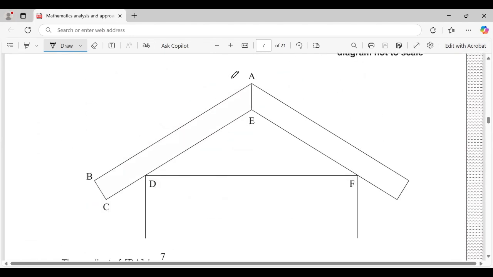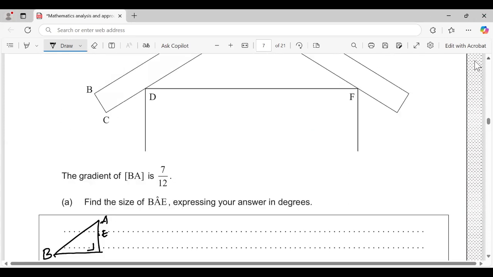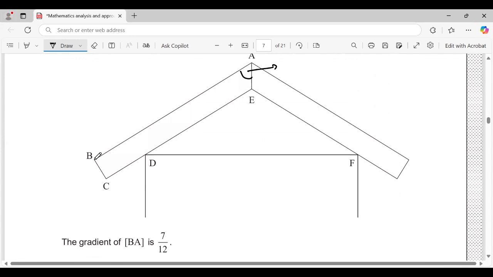So we are going to figure out this angle, right? BAE. I will create a right angle triangle B, A, and this is E. I mean this triangle, this right angle triangle here. Okay, and this angle is alpha.